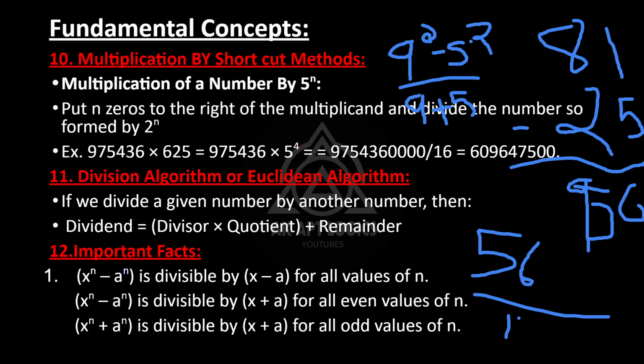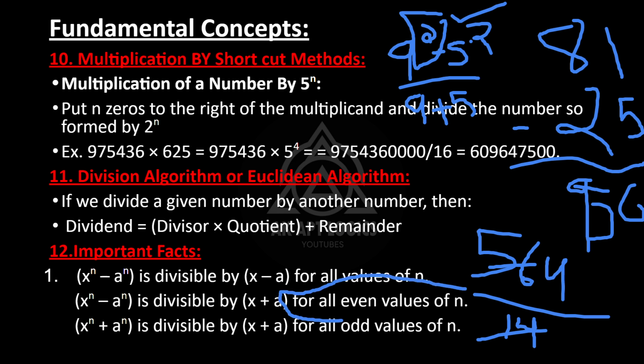So we get the answer. Here the n is 2, so it's an even value. For even value, the condition is always true, this particular condition. Okay.